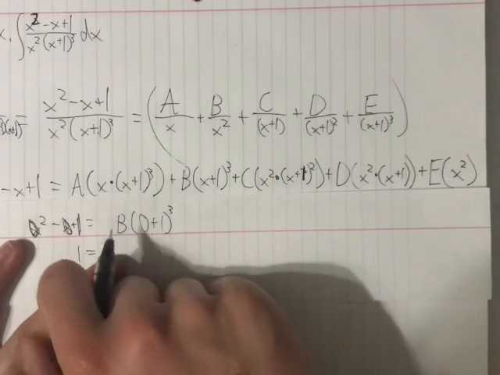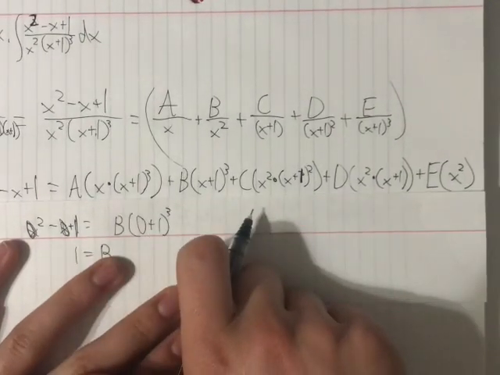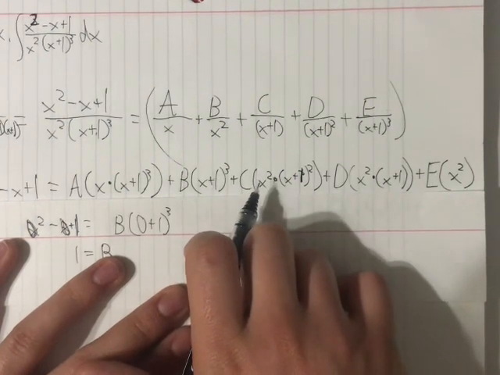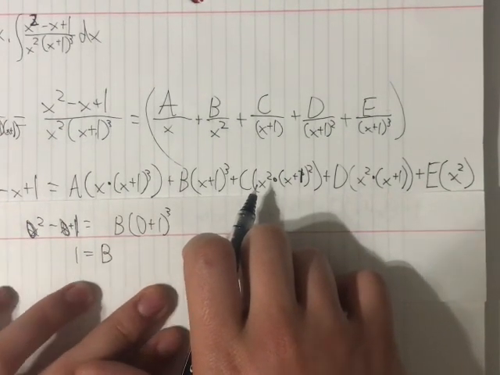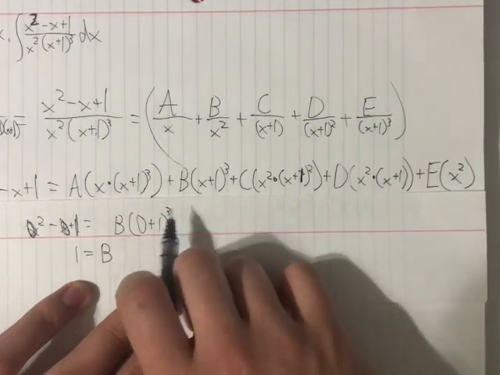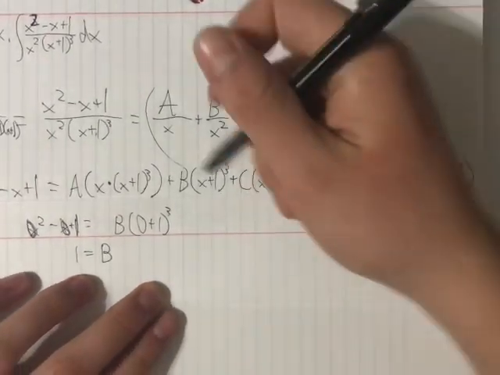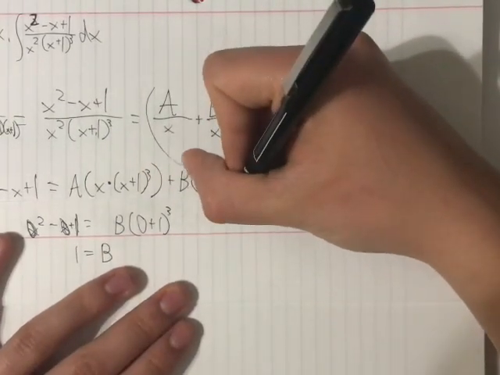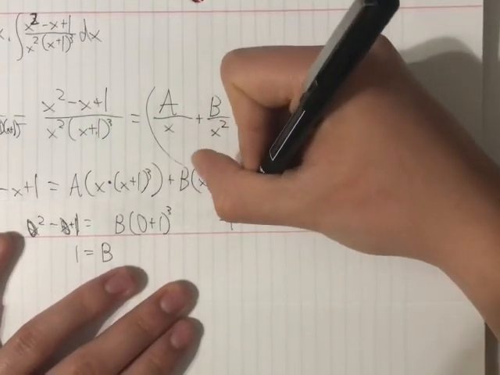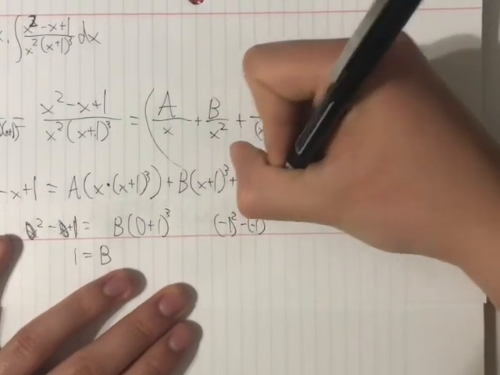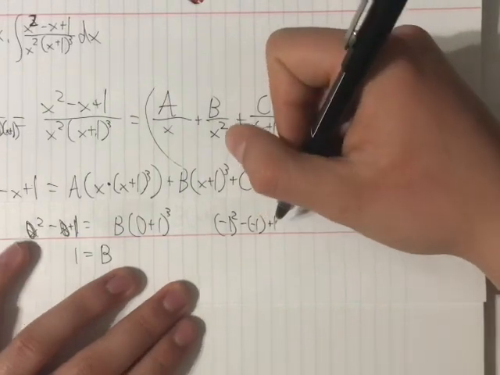And then for a, this should all share relatively similar traits. So if we plug in -1, we should get all but e to cancel. So if we do this, we're going to have -1 squared minus -1 plus 1.